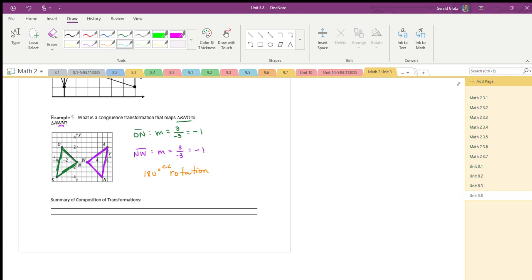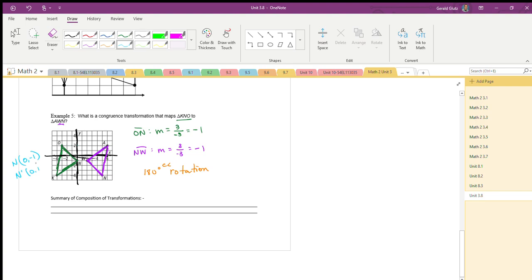So after we rotate it 180 degrees, so let me make each axis a little bit more clear here. So N is at 0, -1. If I rotate that 180 degrees, it becomes 0, +1.